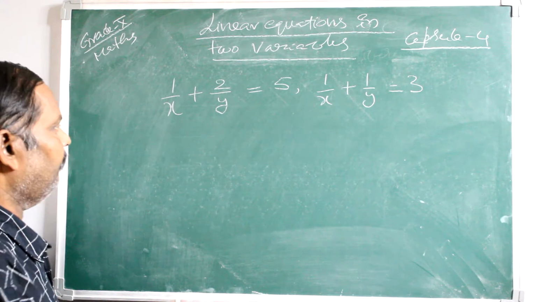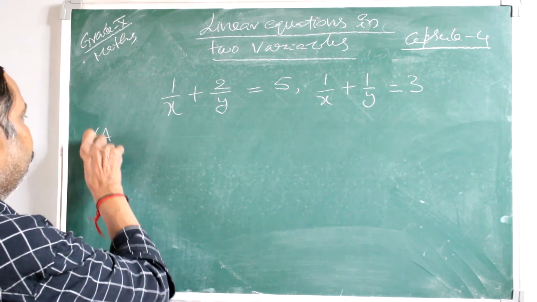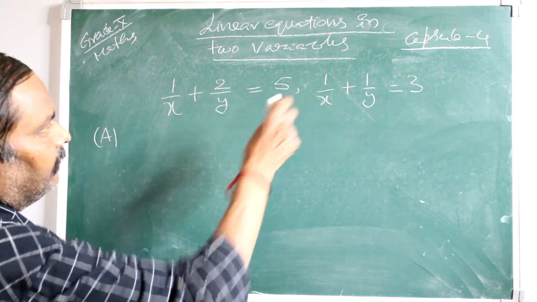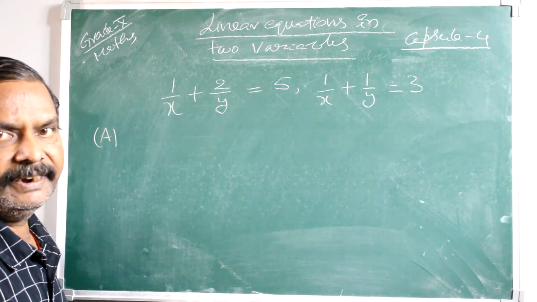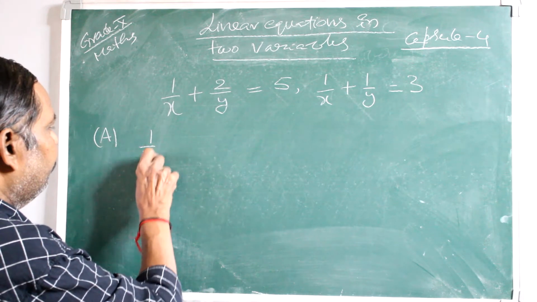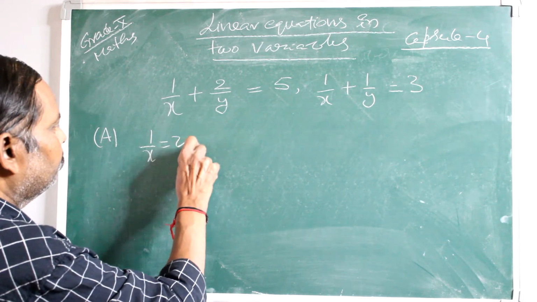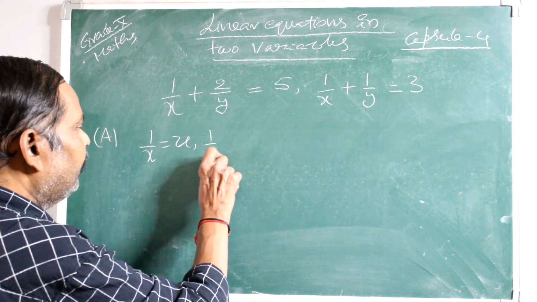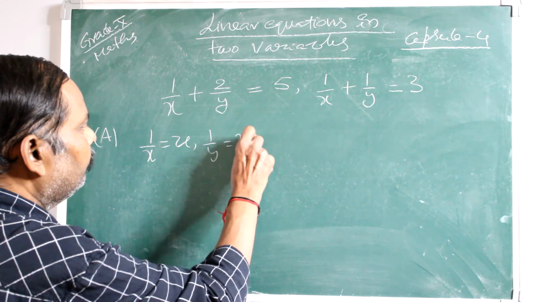So here first of all, what you do is, everywhere the variables are there in the denominator. So first of all, let us take 1/x = u. You can give any symbol. And 1/y = v.